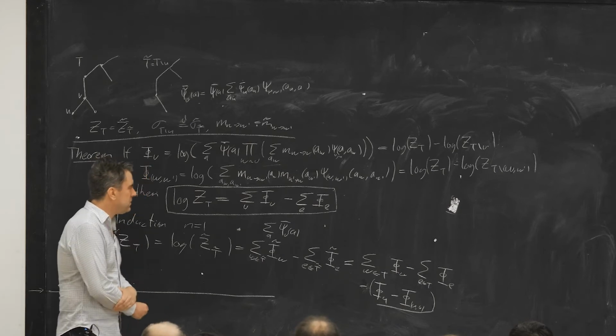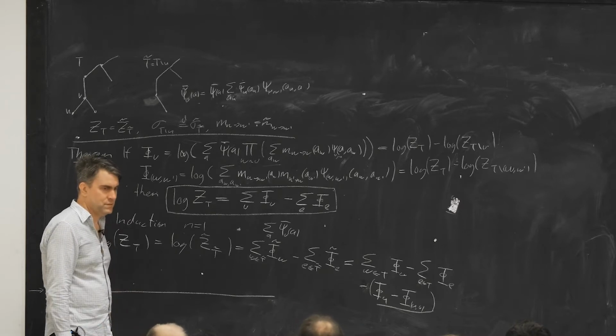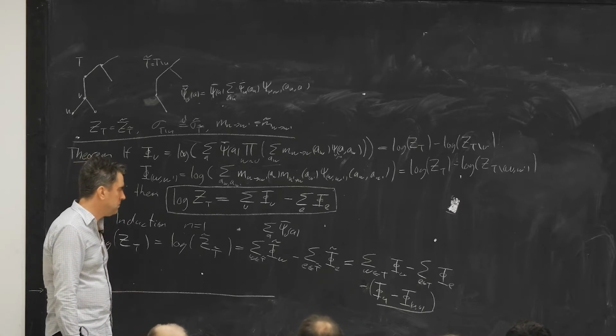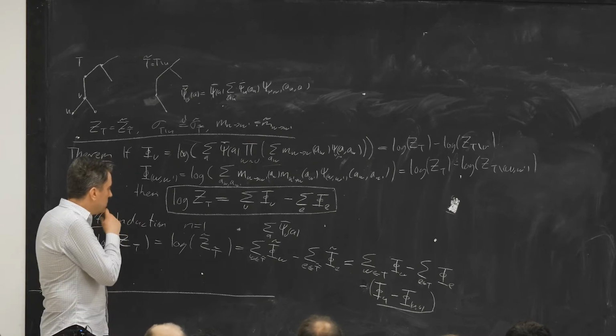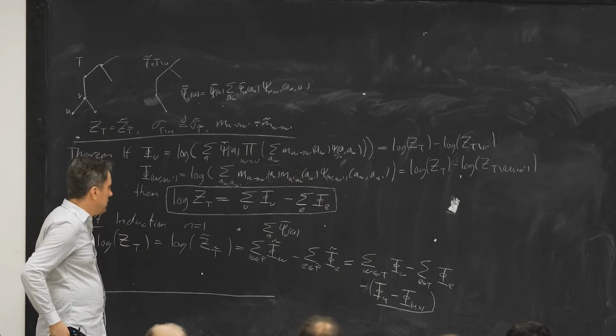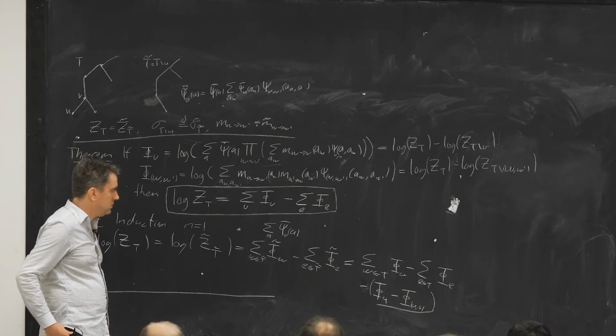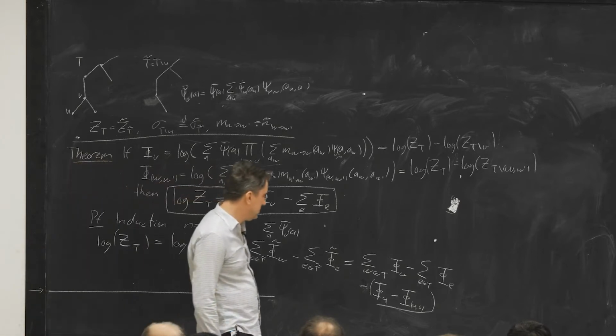Okay. So it's suspicious, because then by induction, log of Z_T would be 0. So there must be a different phi somewhere here, right? I think the last sentence should be sum over omega in T tilde, and plus those in the bracket.